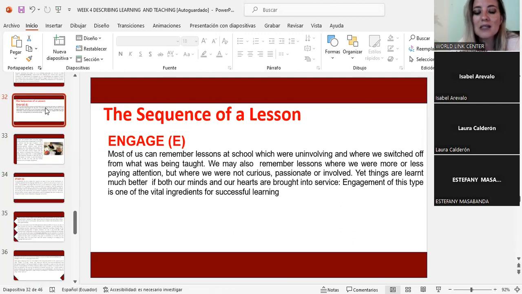You have them stimulated. You can use pictures too in order to engage a student. You can start with dramatic stories, for example. You can project the games.